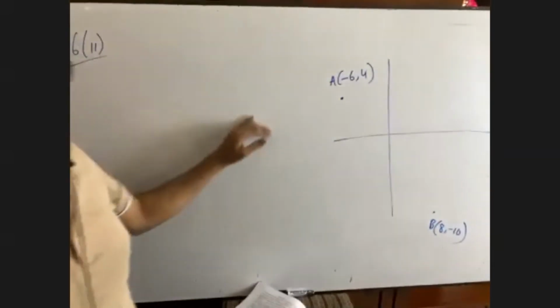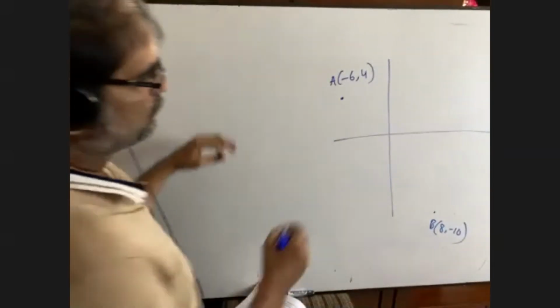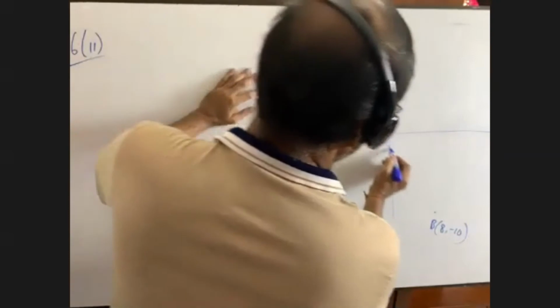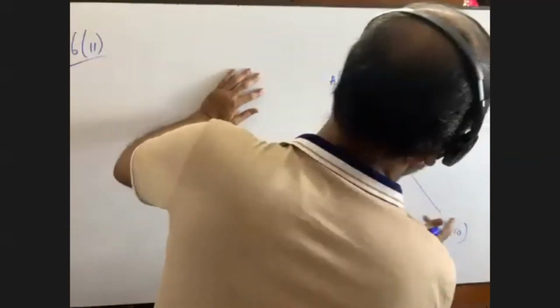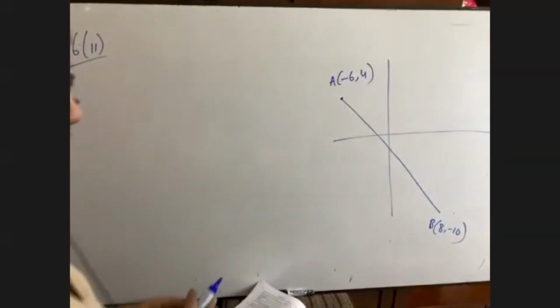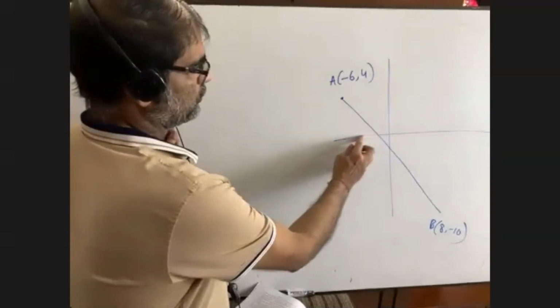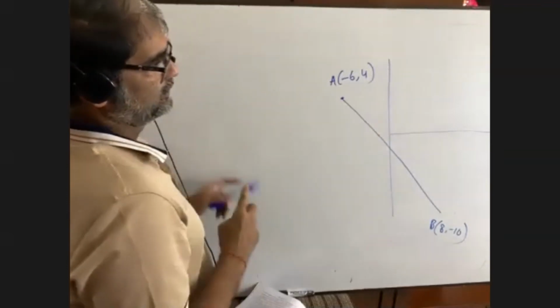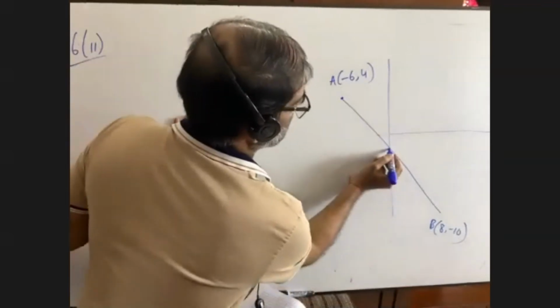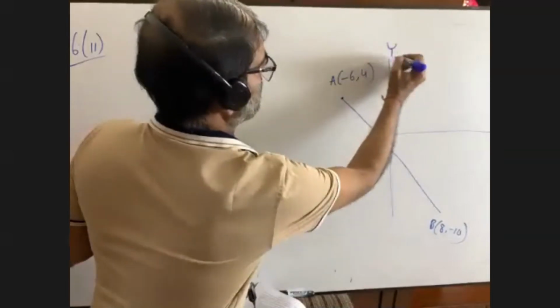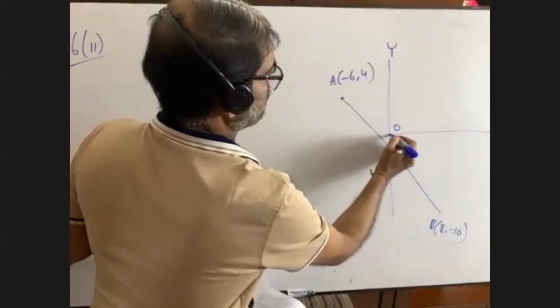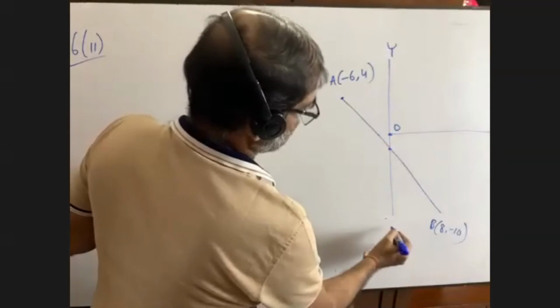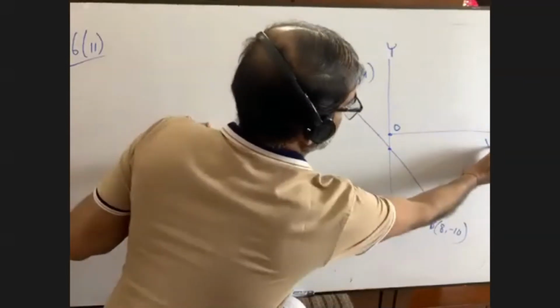Can you see the board? Yes. So it is told here not x-axis but y-axis. Suppose you don't have y-axis, it is told something regarding y. This is O, this is y prime, and this is x.